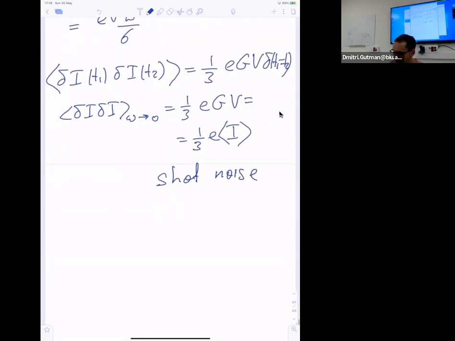And if you compare it with the shot noise of a conventional vacuum tube, you see an extra factor of 1/3. So it's a universal factor, so to say. For non-interacting electrons, there is a universal factor 1/3 that we got out of nowhere that appears in the disordered piece of metal, which does not exist in the vacuum tube.